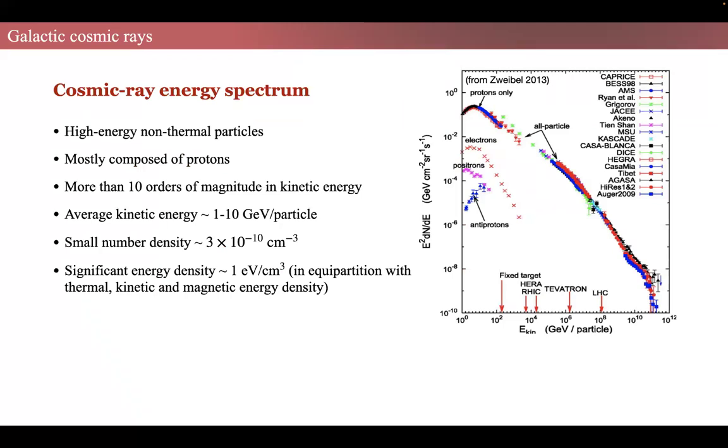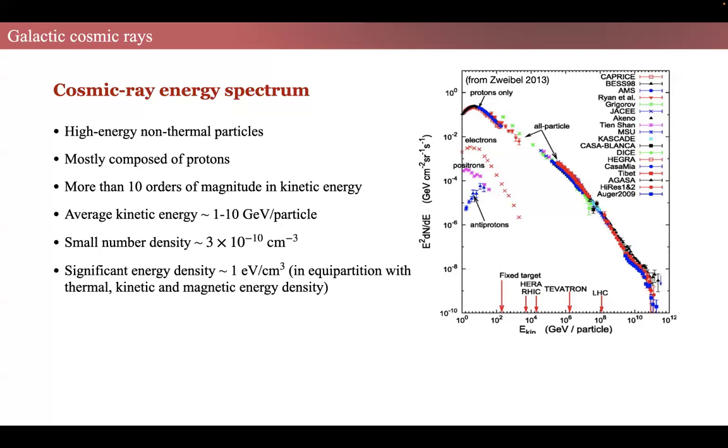In particular, on the x-axis, we have the kinetic energy in GeV per particle, while on the y-axis, we have the cosmic ray flux multiplied by the square of the energy. And you can see that the spectrum extends over more than 10 orders in kinetic energy. The flux is dominated by protons and heavier nuclei, followed by electrons. For the protons, the spectrum is basically a broken power law that peaks at kinetic energies of a few GeV.